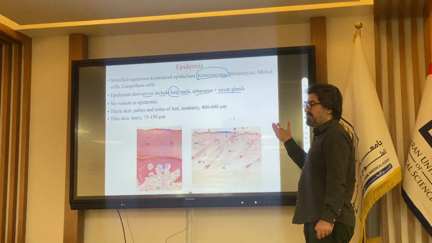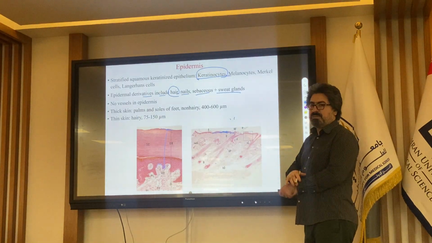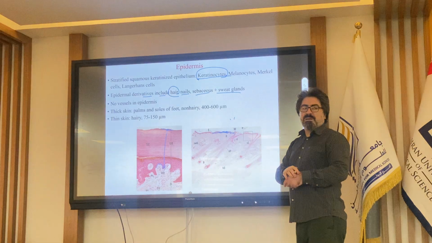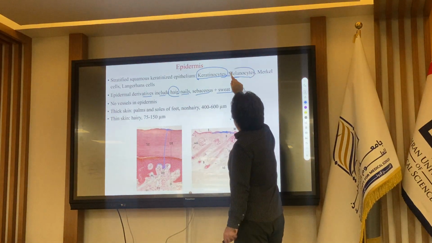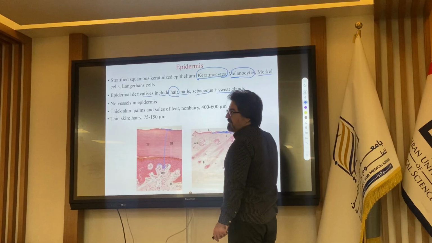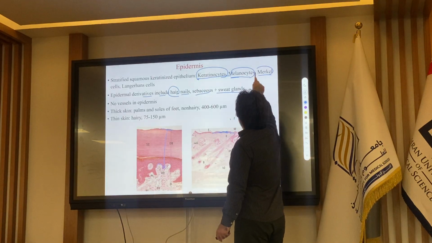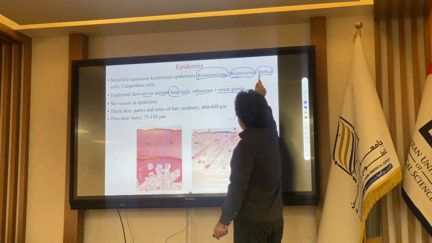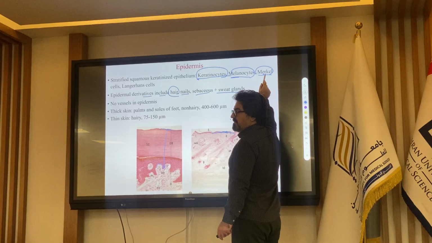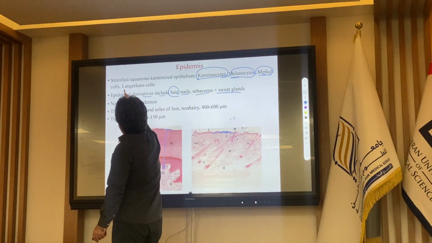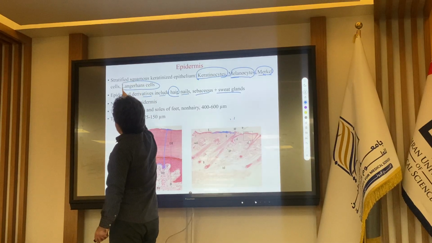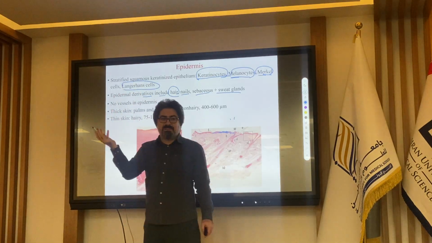But there are other cells, for example, responsible for color of the skin, melanocyte. For sensation of touch, Merkel cell. And another cell responsible for immunity, Langerhans.